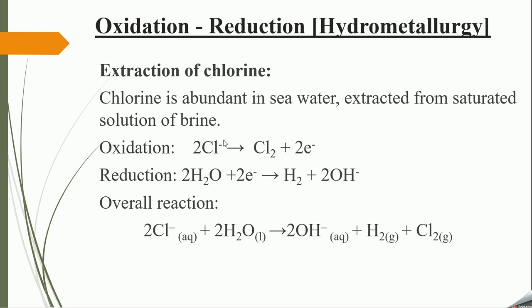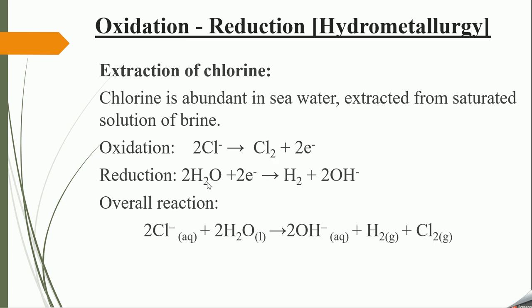The oxidation number of chloride ion here is -1. On RHS, it is 0 because chlorine is in the free state. Always in the free state, oxidation number is 0. -1 to 0, there is an increase in oxidation number. Hence, the reaction is oxidation. So, this reaction occurs at anode.